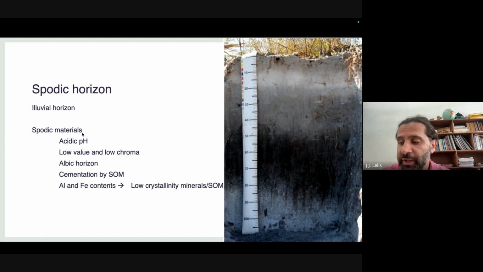They are not common in neutral or even alkaline areas, because we are talking about a horizon that's enriched in organic matter, and we know that organic matter produces acidity. The value and chroma should be low, of course. We are talking about a horizon that is registering darkish colors because of the organic matter. It should register an albic horizon, as we can see here.